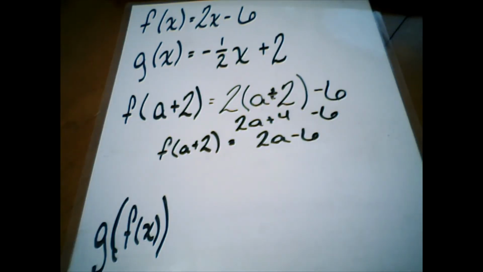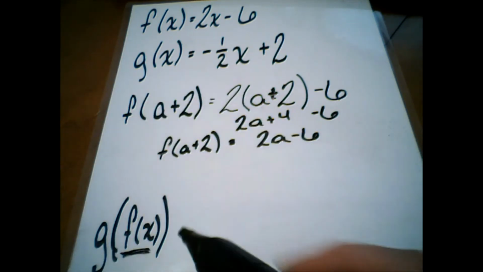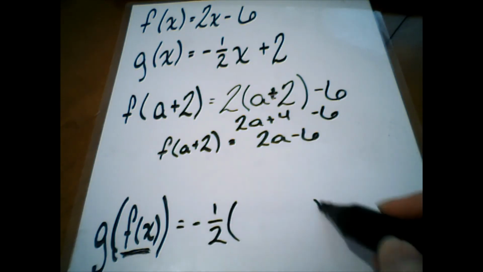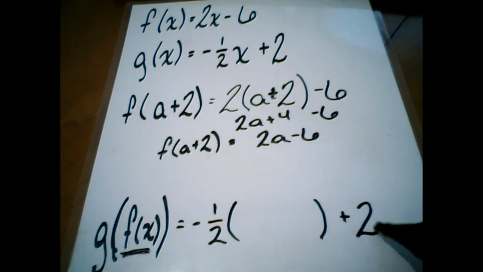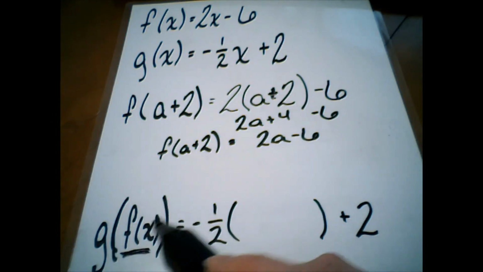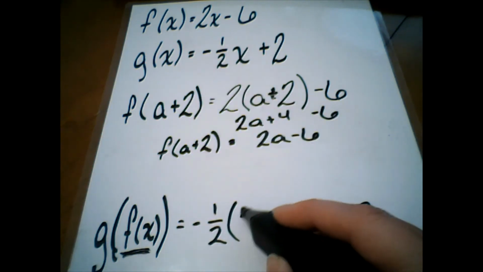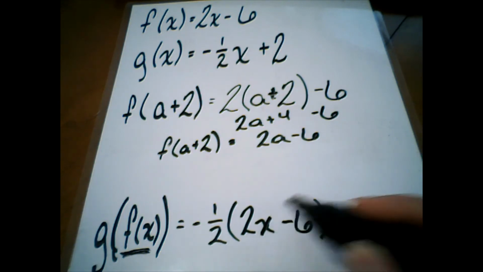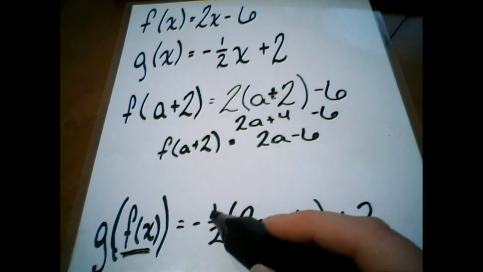Another way you might see this is actually a stacked function notation. So they want g of f of x. So my input is the whole f of x function. So I start with my g function, which is here. I have negative 1/2 of x plus 2. There's my g function. And my input is my entire f function, which was 2x minus 6. So I plug that in. And then I can once again distribute and simplify.